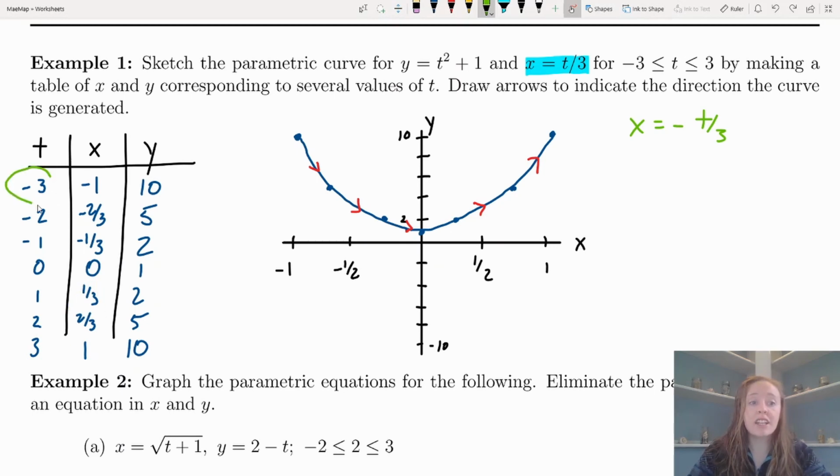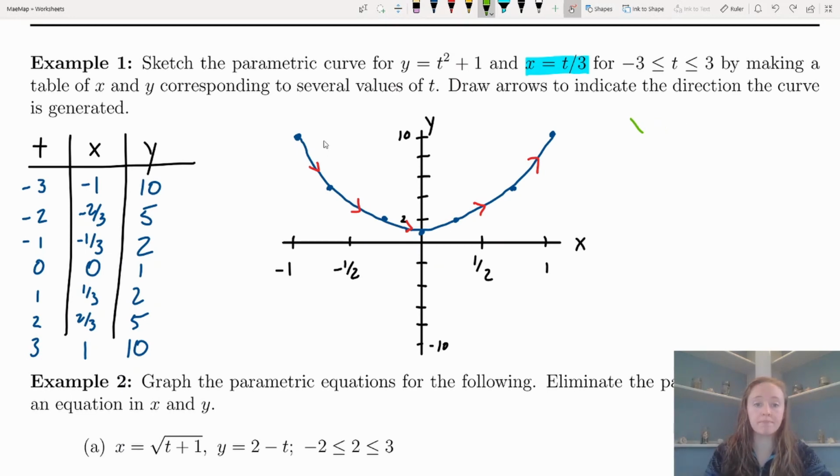So starting at that -3 value for t, my first point for x with this new formula would have started at the right. So my direction, if this was my x, would have been the opposite direction. That's why it's not necessarily always starting from the left and moving to the right. It depends on how you plot those points, starting at your lower bound of t and making your way towards your upper bound.